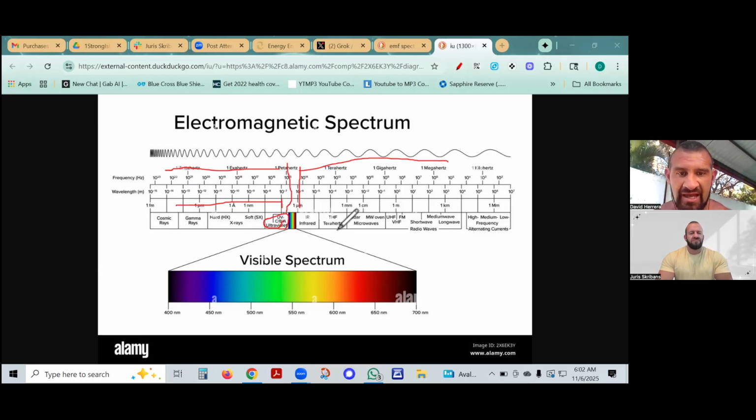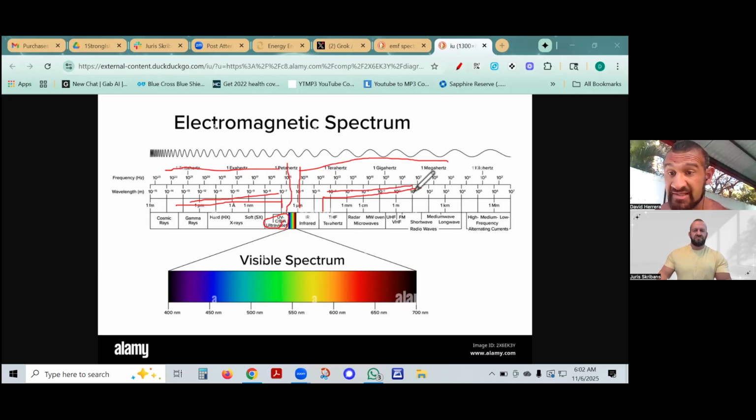And if we come over around this point, this way, that's also not let through the atmosphere. That's radar, UHF, VHF. Those don't get through the atmosphere.